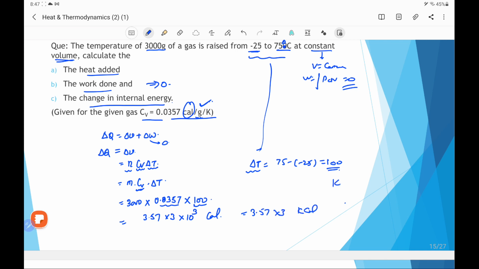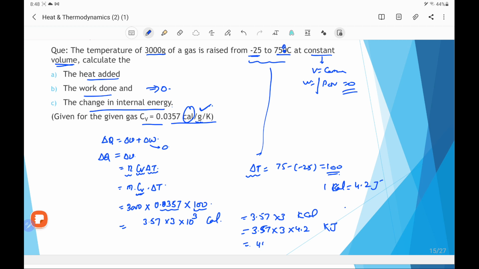We know 1 calorie equals 4.2 joule, so we can also write it as 3.57 into 3 into 4.2 kilojoule. Now we multiply it and we get 44.8 kilojoule. This is the answer.